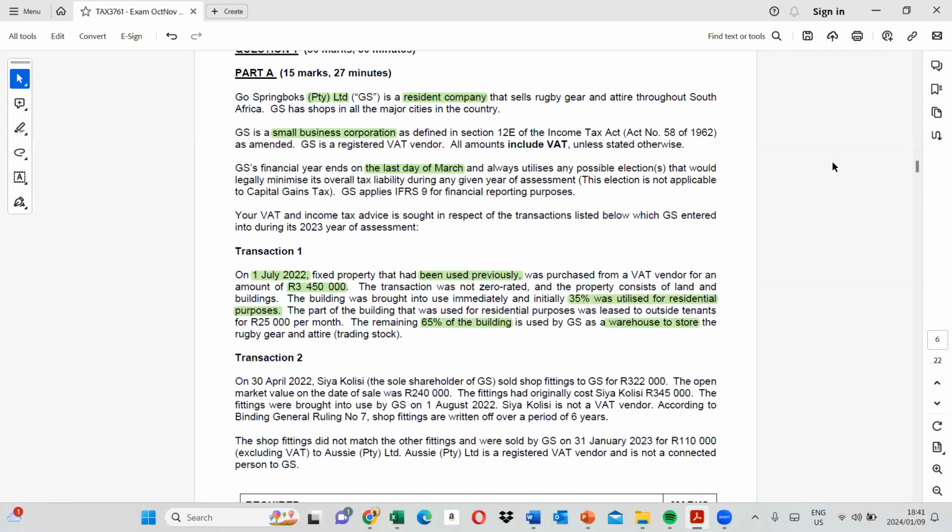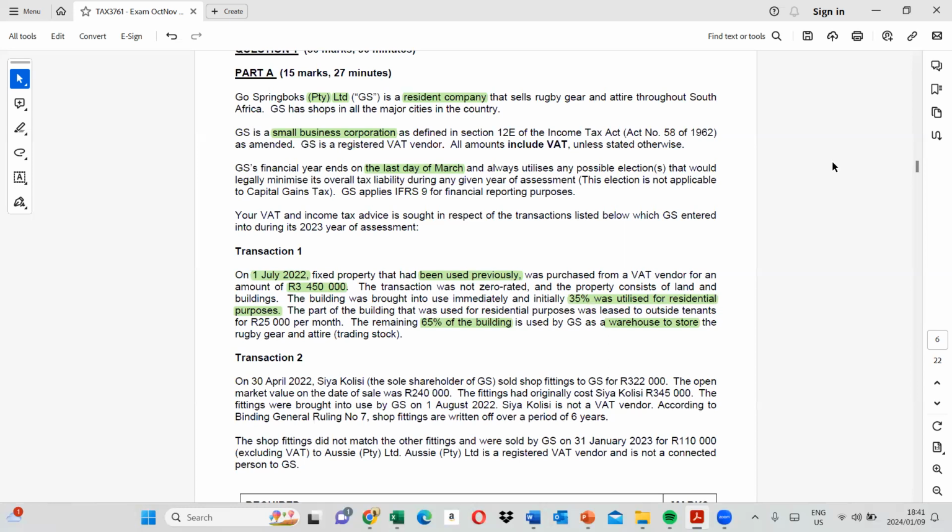So the question wants you to discuss value-added tax. So let's quickly see what is going on in terms of this part of the question. The first thing you had to pay attention to is that the first part of the building is used for residential purposes.